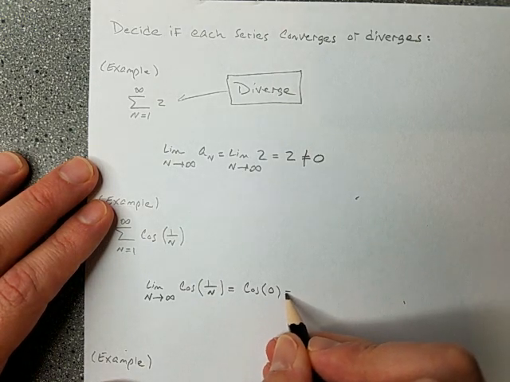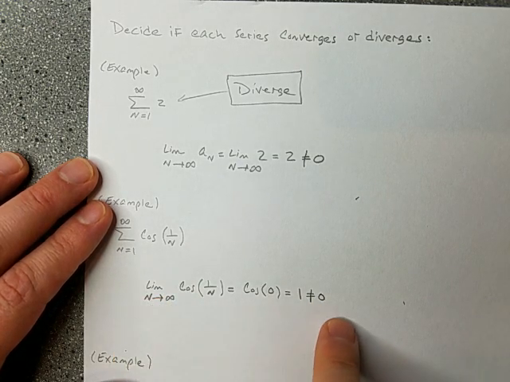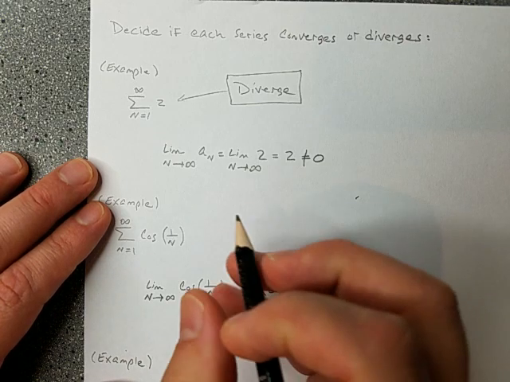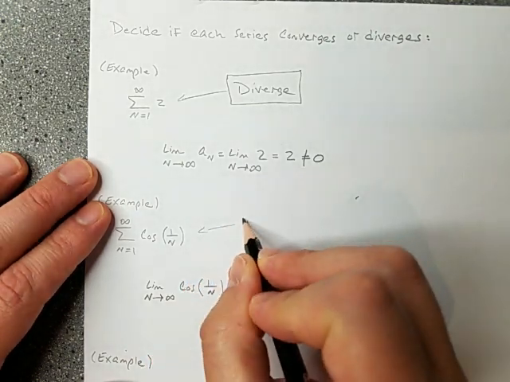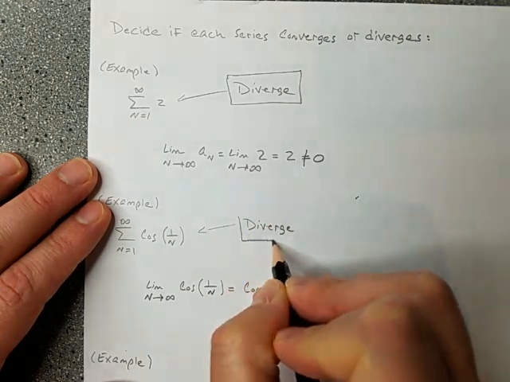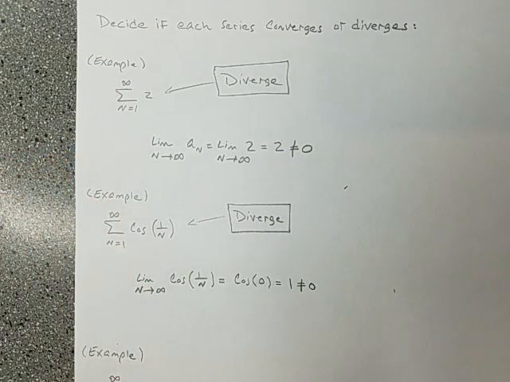But cosine of 0 is 1, and 1 is not 0. Remember, the nth term test said if this limit is not 0, then the series will diverge. So long as you can do this limit, it's not hard to make a judgment about the series.